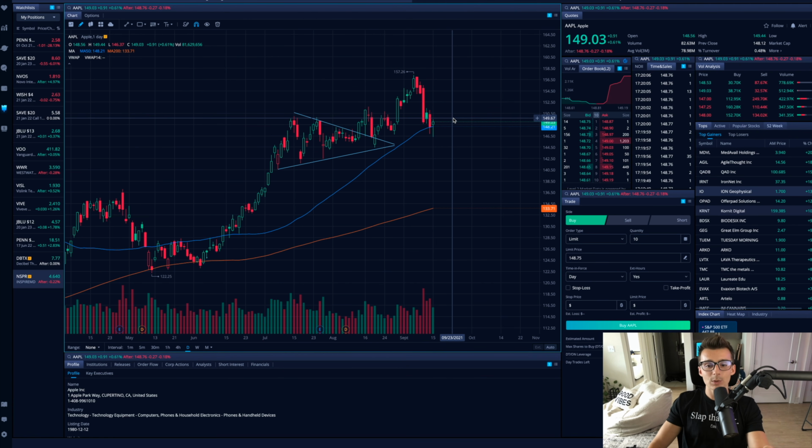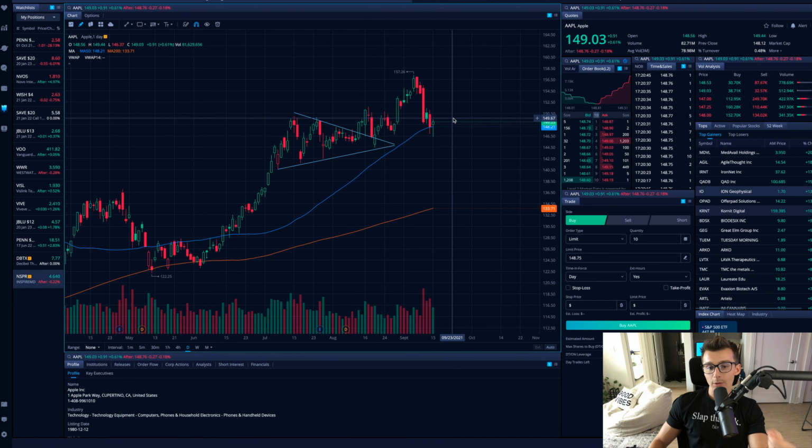And so debit spreads are a way to trade options where you're able to risk less, but also make less. However, you know your risk reward going in, and the probability of this trade, generally speaking, is a lot higher than if you were to just trade an option contract by buying a call or buying a put.